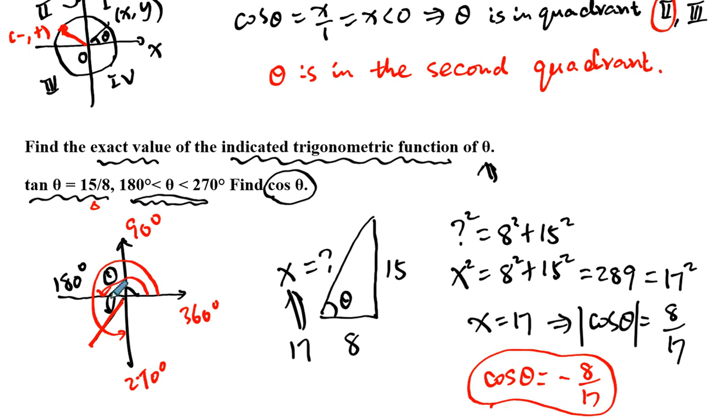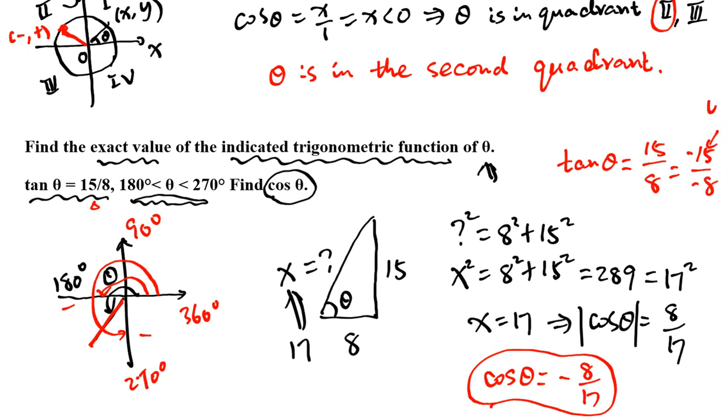But here, remember, tangent is positive. Why is it positive? Tangent theta is positive 15 over 8, because tangent is y over x. Y here in the third quadrant is negative, and x is negative. So it was basically negative 15 over negative 8.